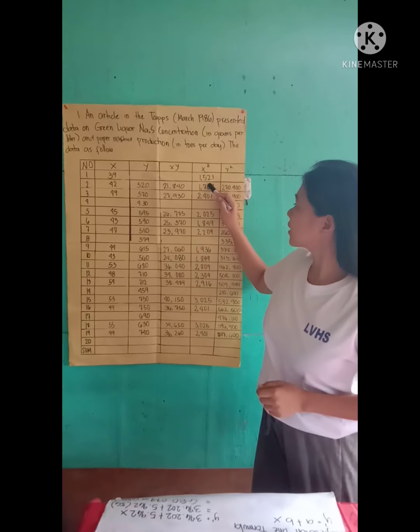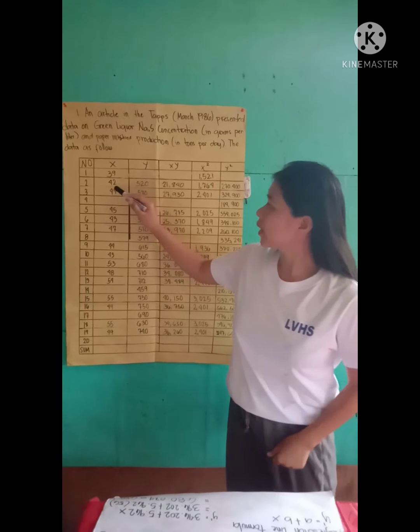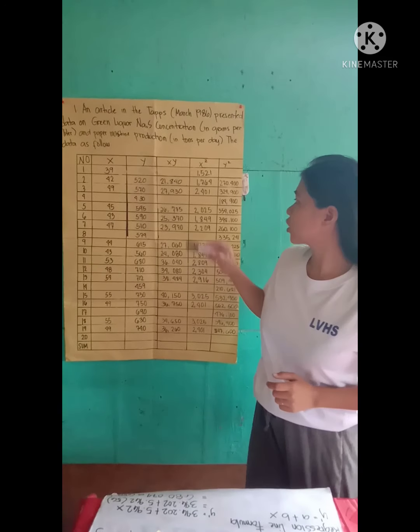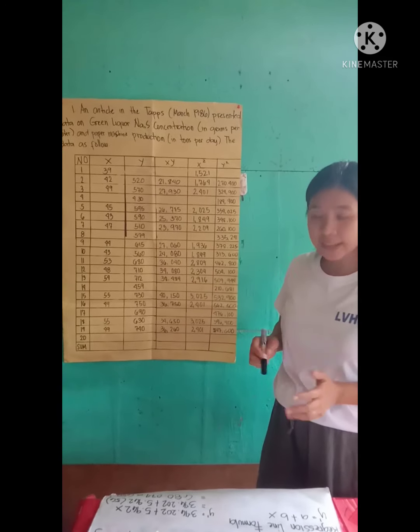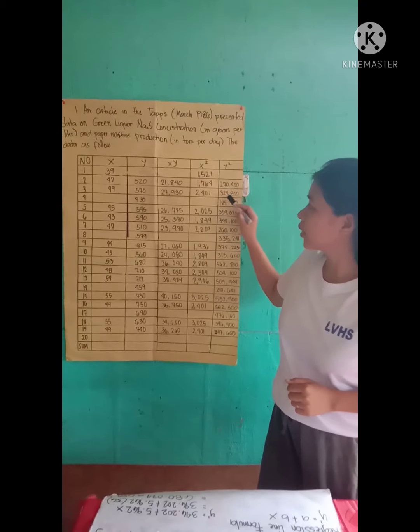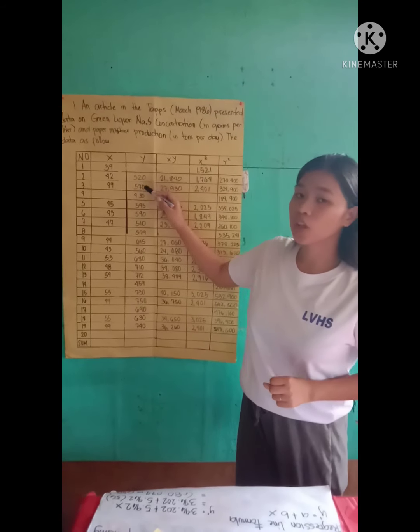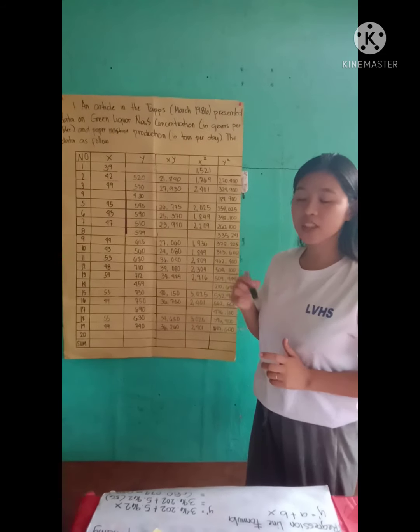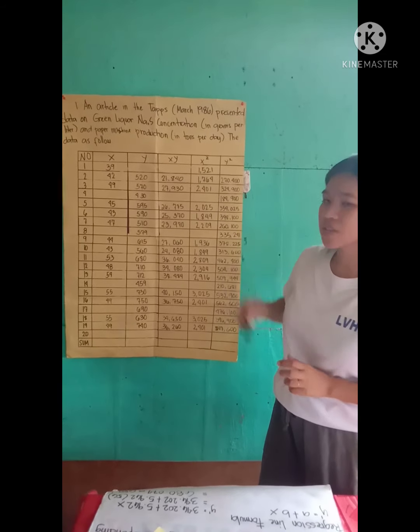For the X squared column, I multiply X by itself. So 42 times 42 is equal to 1,764. And for Y squared, I multiply the Y column by itself. So 520 times 520 is equal to 270,400.